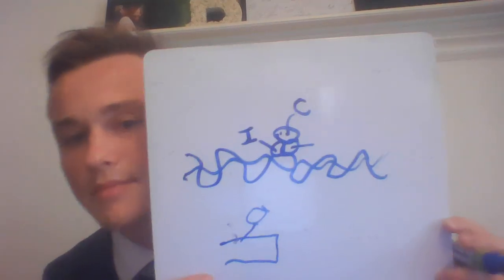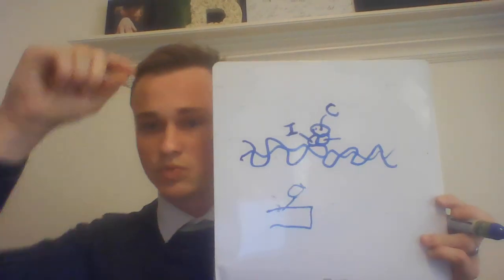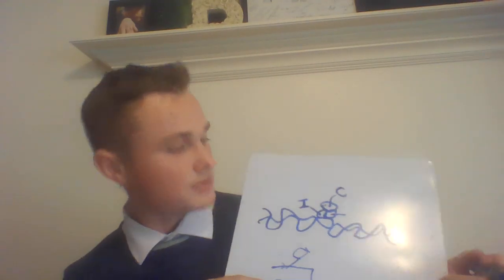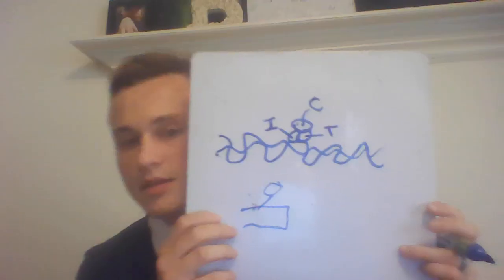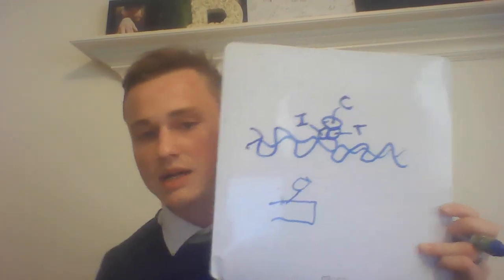And then we have another part called troponin C, and that is where the calcium comes in. And then the third part, which is subunit T, that is connecting to the tropomyosin.